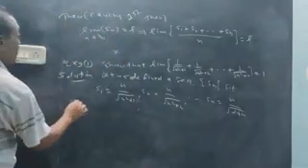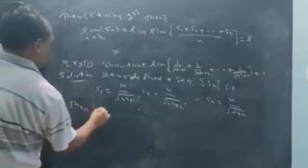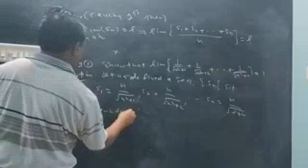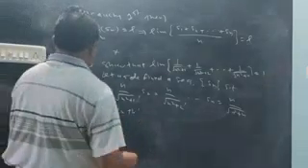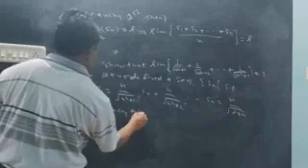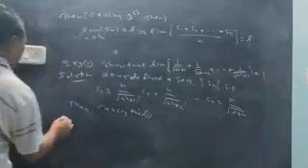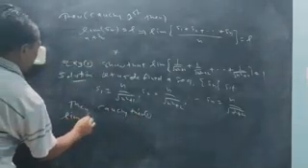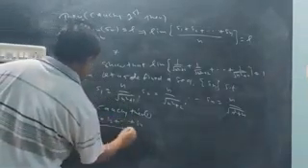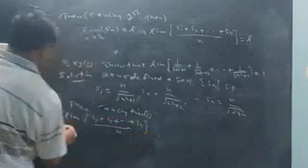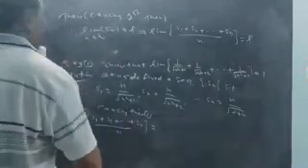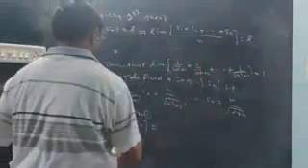Then by Cauchy first theorem, the limit of (S1 plus S2 plus ... Sn) upon n will be, here, 1 only.